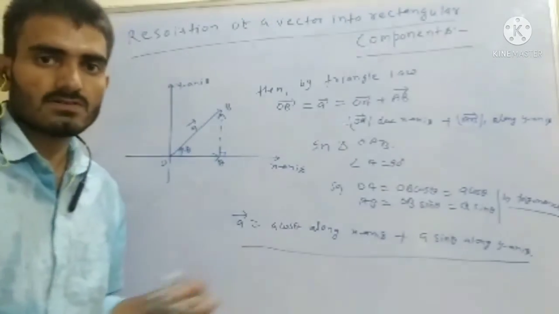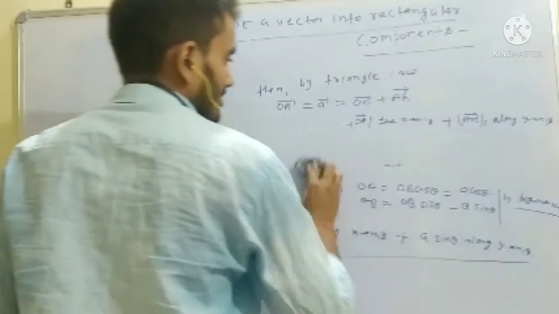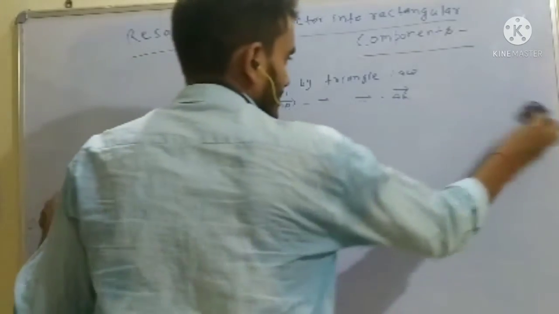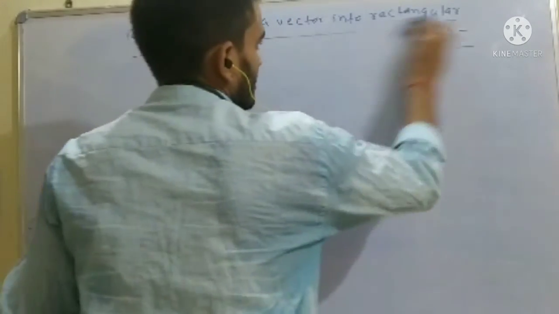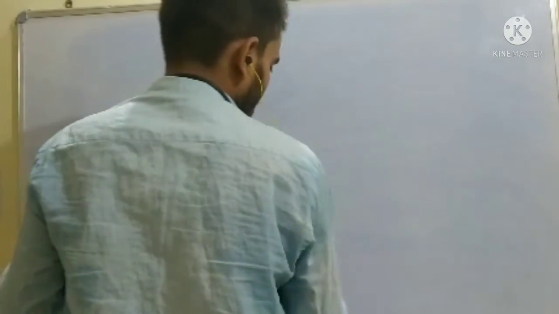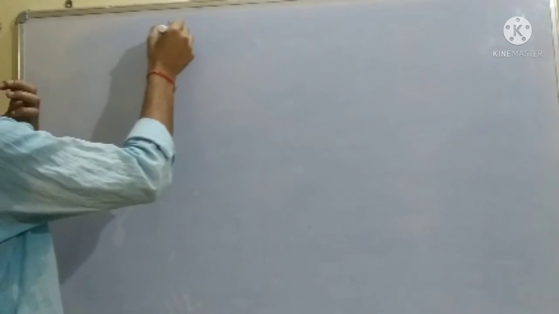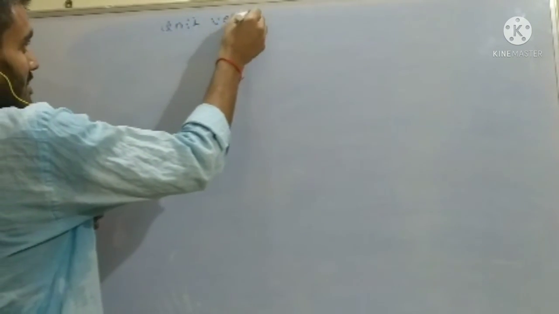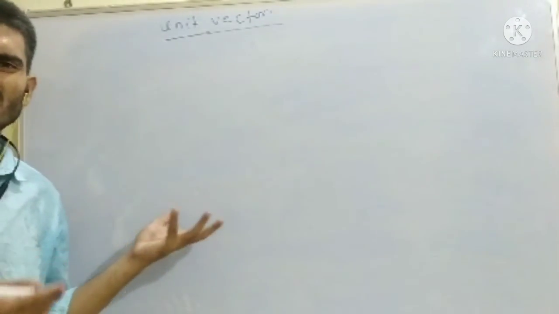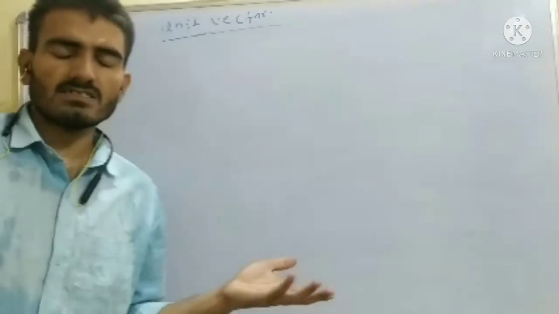Now we will discuss unit vector. A vector whose magnitude is 1 and has a specific direction is called a unit vector.